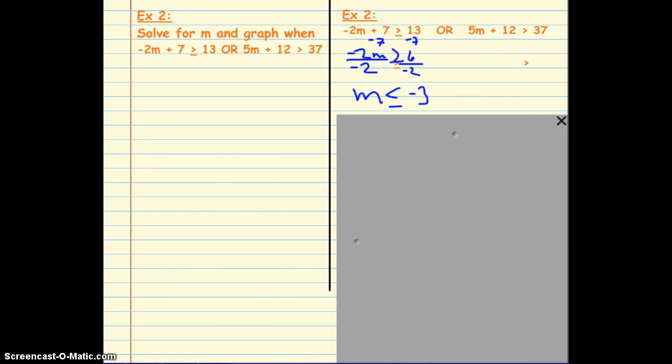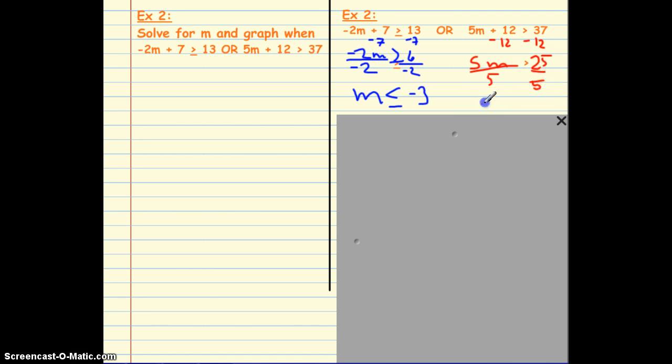Alright, then we need to solve our OR inequality. We have 5m plus 12 is greater than 37, so we need to subtract 12 from both sides, and we get 5m is greater than 25. Divide by 5 on both sides.